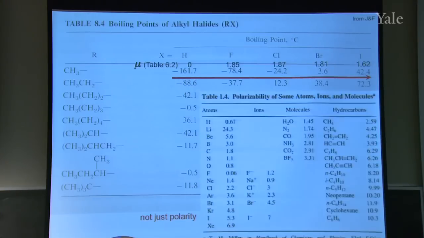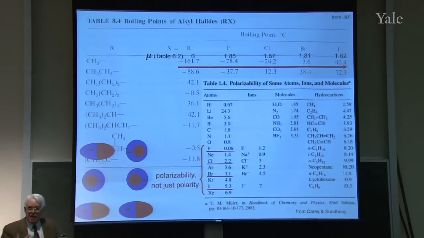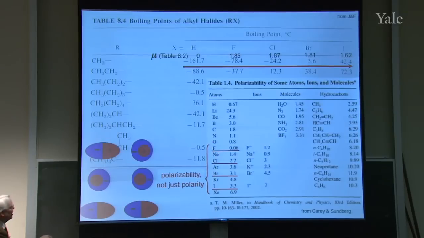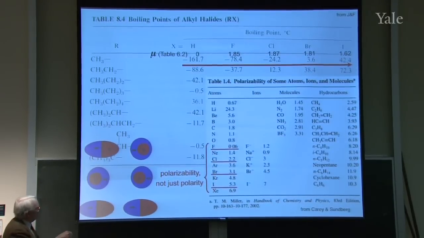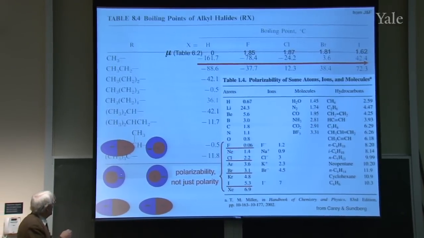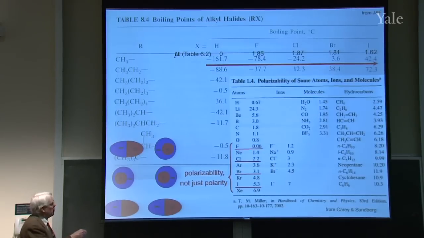And that other thing is polarizability, how easy it is to shift the electrons in the molecule and how many electrons there are to shift. So if you look at fluorine, chlorine, bromine, and iodine atoms, right, fluorine atom is very non-polarizable. When you bring a charge or a dipole near it, it doesn't distort very much.